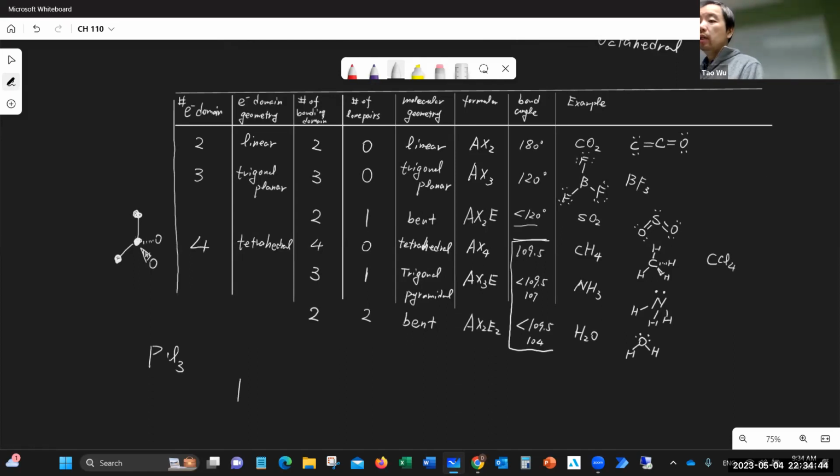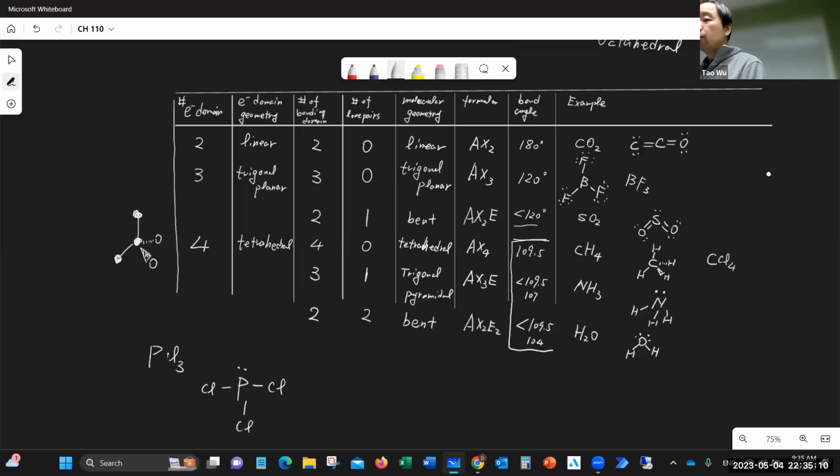PCl3 has three bonding domains and one lone pair. How do we determine the geometry of this molecule? First, look at the central atom. It has four electron domains, so the electron domain geometry is tetrahedral.